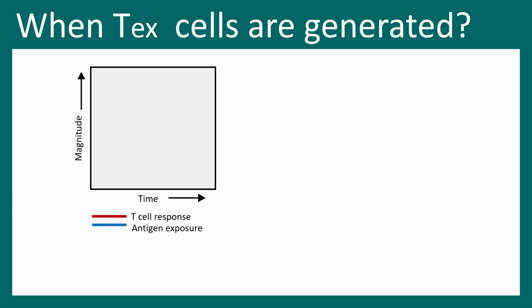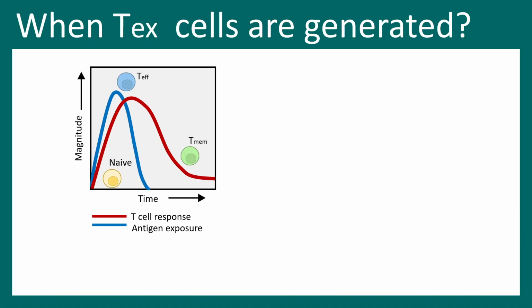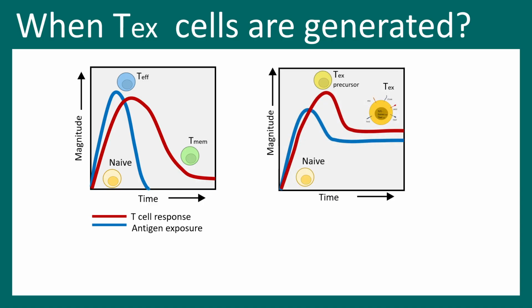So how does this exhaustion take place? It all depends on the magnitude and the duration of the overall T cell response. In general, after antigen exposure, there is a T cell response where there is a naive stage, an effector stage, and a memory formation stage. So this is happening in the normal scenario.